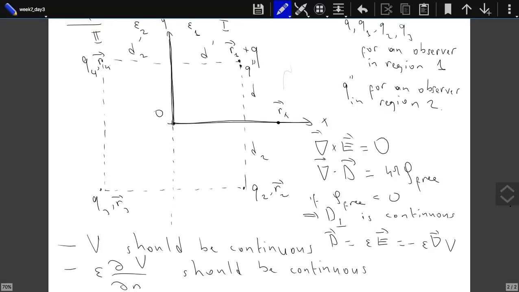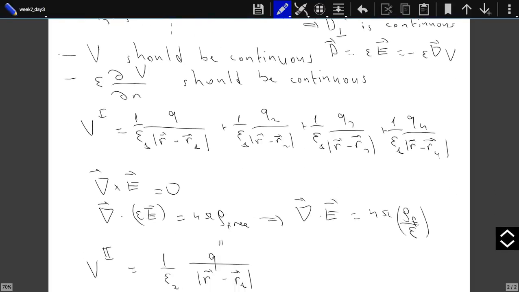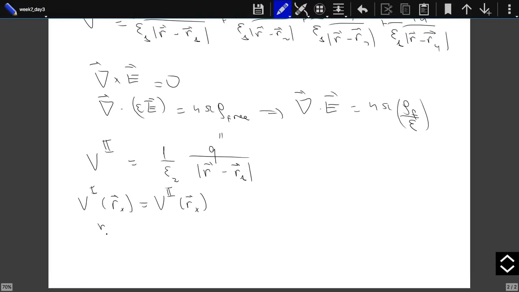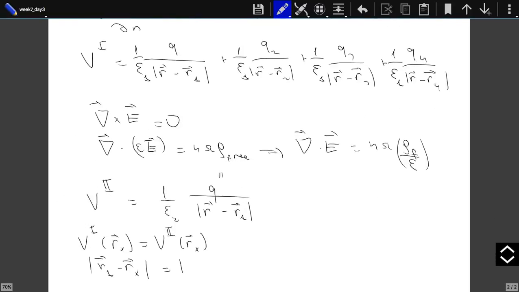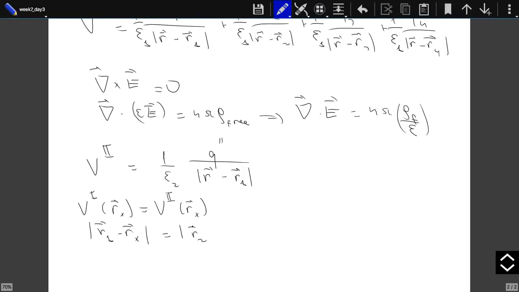Well, if D and D2 are different, R1 minus Rx is equal to R2 minus Rx. Now let's see. Let me just first write it down.